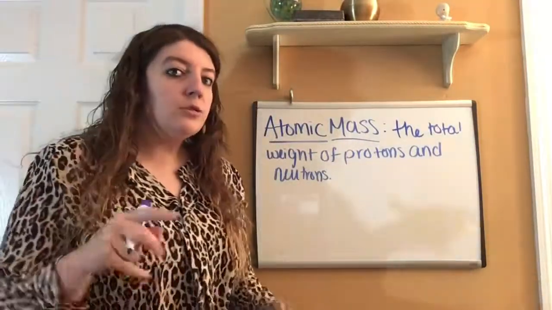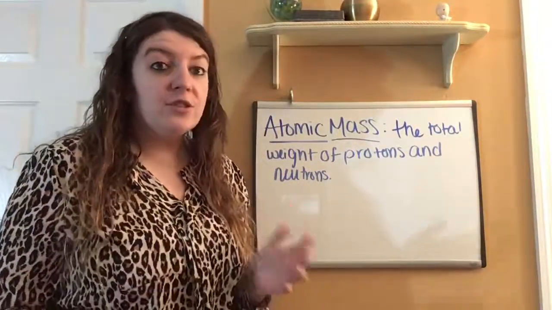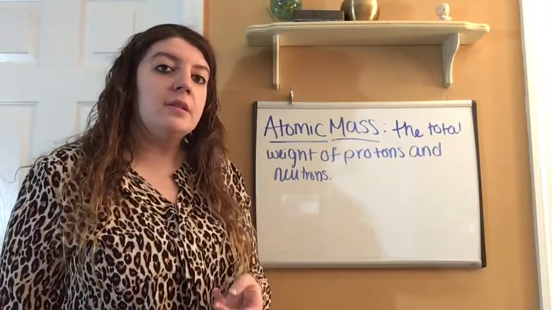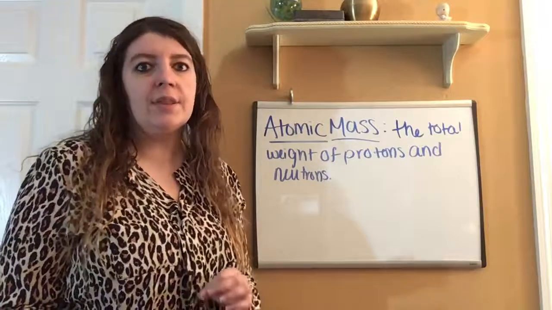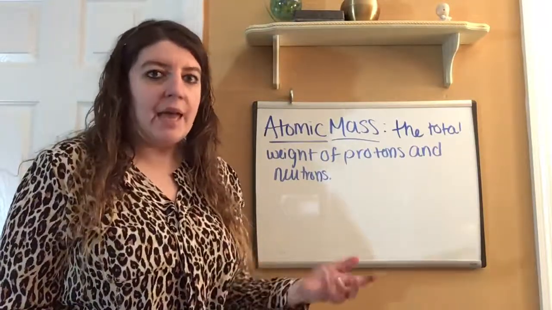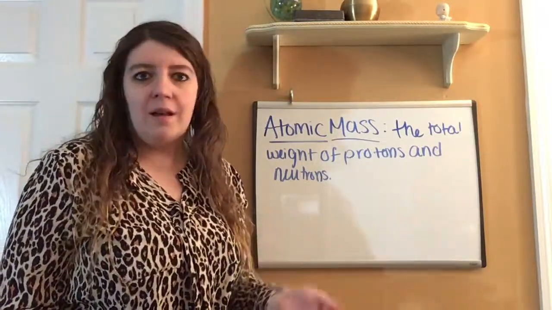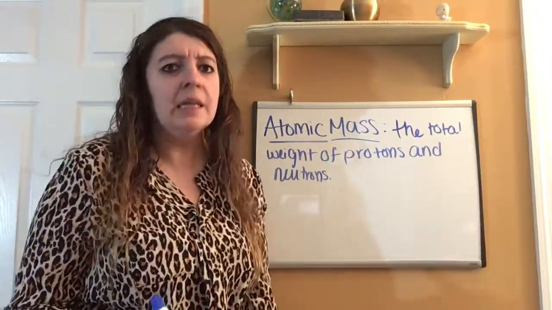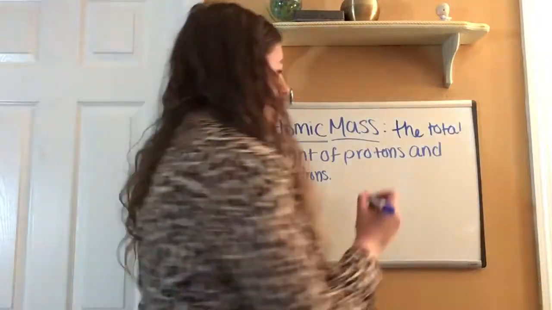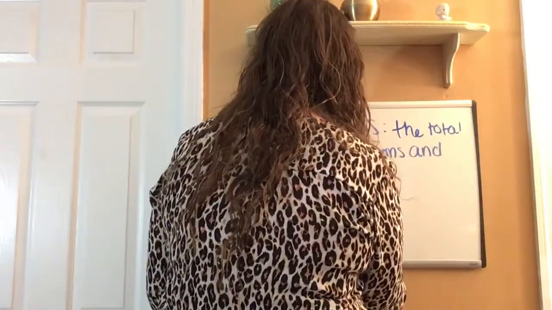Usually, when we talk about protons and neutrons, they have about 10 to the negative 27th kilograms of mass. So when we talk about atomic mass, it's not necessarily going to be a whole number like we did with mass number. And that's what makes it different.